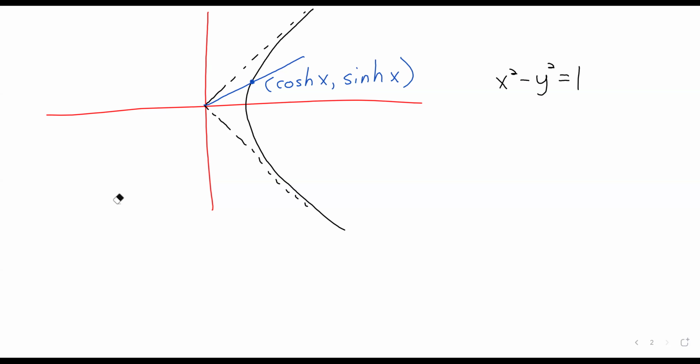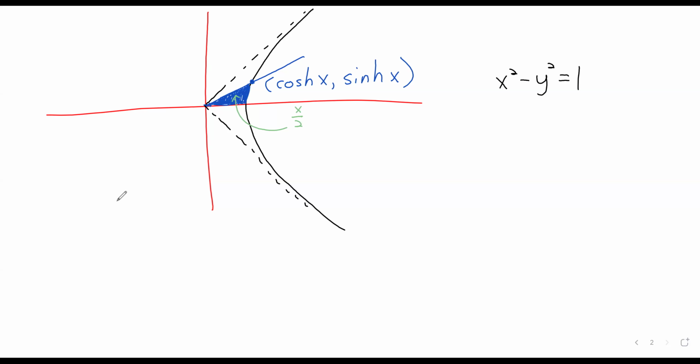But it's not an angle that we're looking at. Instead, we're looking at an area. And the area of this region is not x. It's x divided by 2.